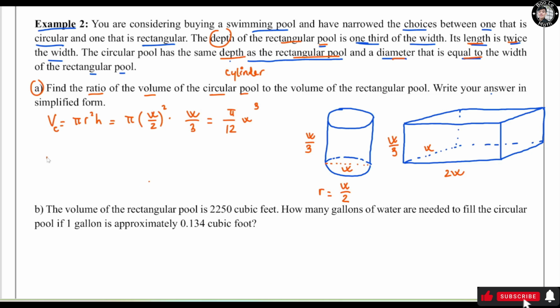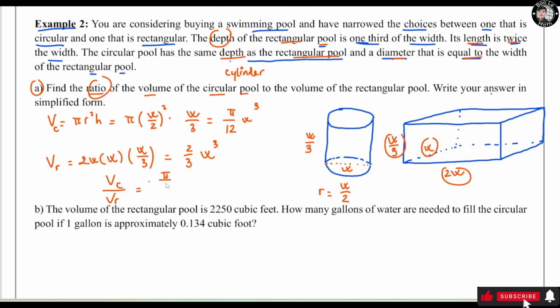Now we need to calculate the volume of the rectangular pool, which is length times width times height, right? It's actually 2 over 3 W cubed. Now we need to find the ratio, so it could be VC divided by VR, which is pi over 12 times W cubed divided by 2 thirds W cubed. W cubed and W cubed right here cancel out.